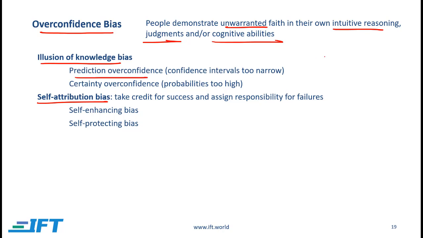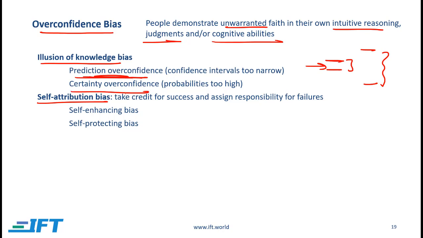So if an investor is predicting future cash flows or future stock prices, they might predict a range that's very narrow because they have very high confidence in their knowledge and their ability to predict. So they come up with a very narrow range, whereas in reality, the range should be much wider than what they have come up with. So this is prediction overconfidence. They have high confidence in their ability to predict.